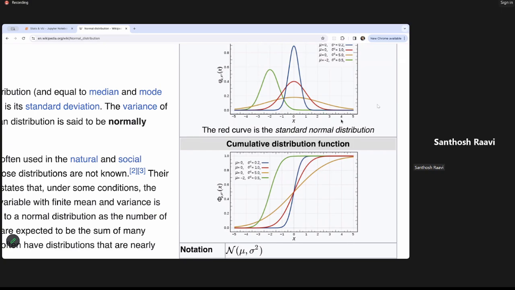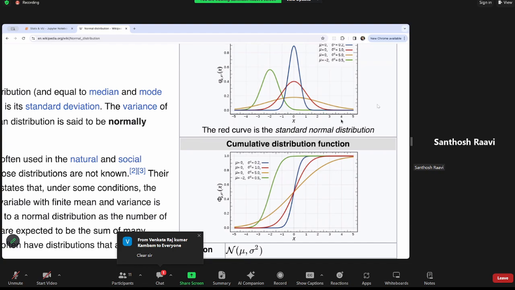Yashwant, Bhavya, Narsimha. What about others?